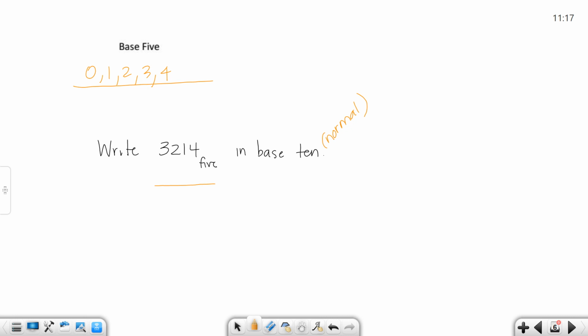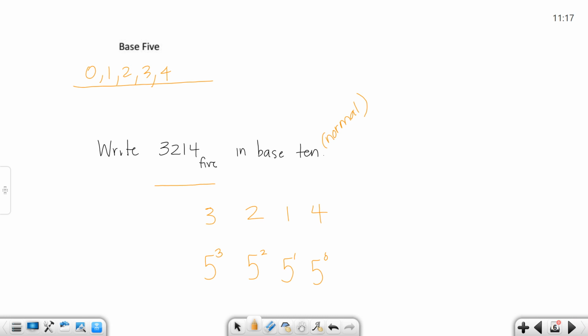So if I look at this one, I've got 3, 2, 1, and 4. 4 is in my units position. This is going to be 5 to the 0, and this is going to be 5 to the 1, 5 to the 2, and 5 to the 3.